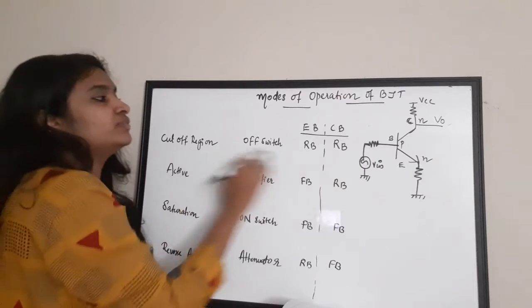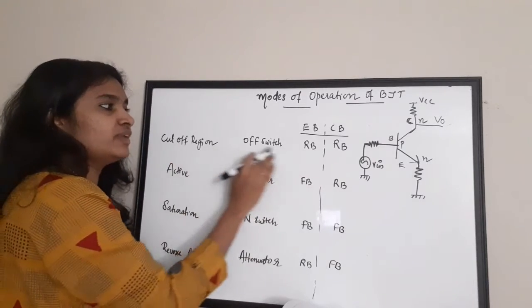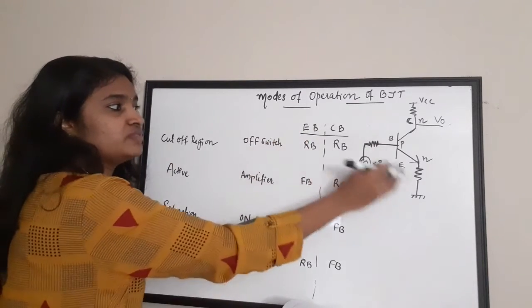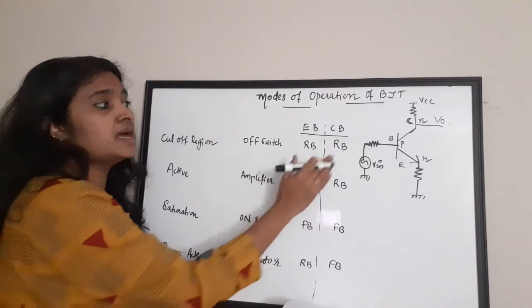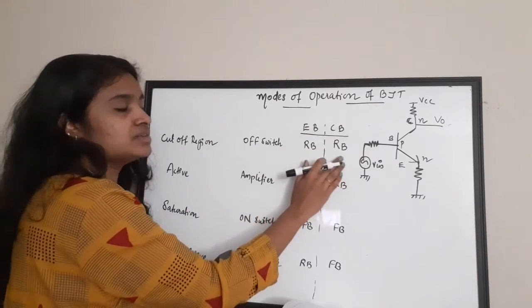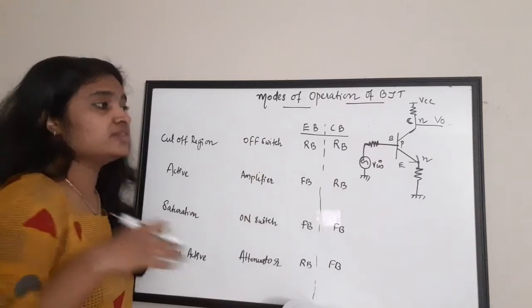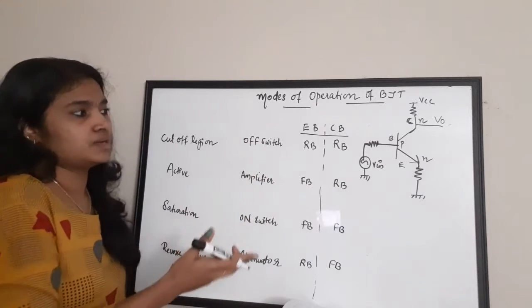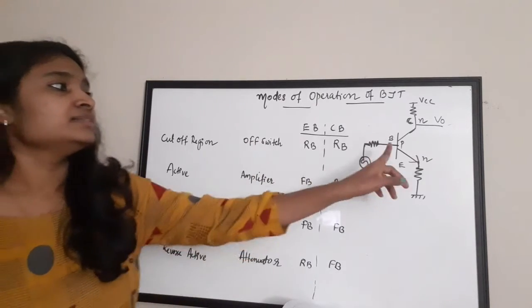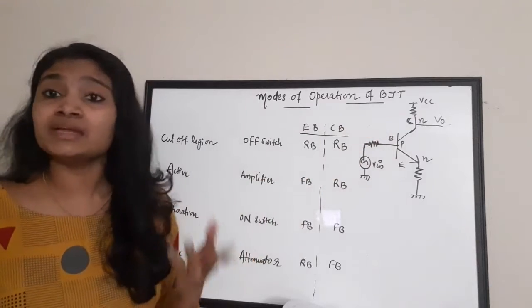We have talked about the cutoff region where we make the emitter base junction reverse biased and the collector base junction also reverse biased. When we say reverse bias, we have to think that these junctions are actually PN junctions.